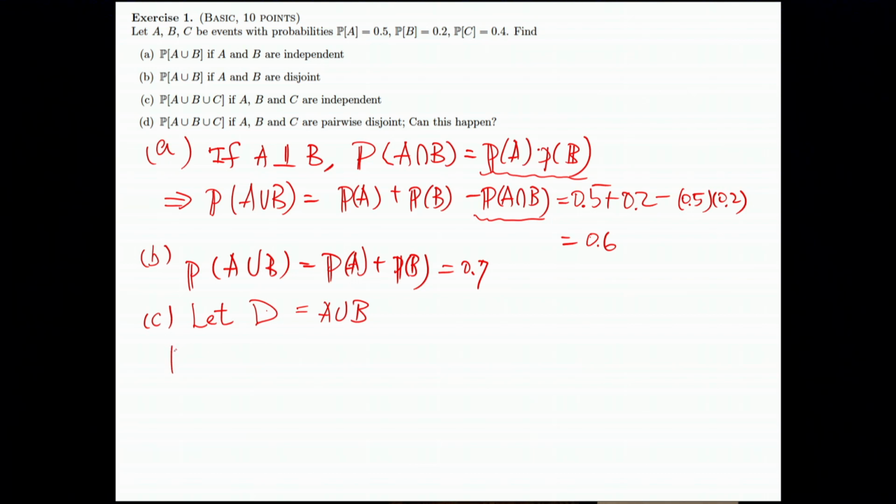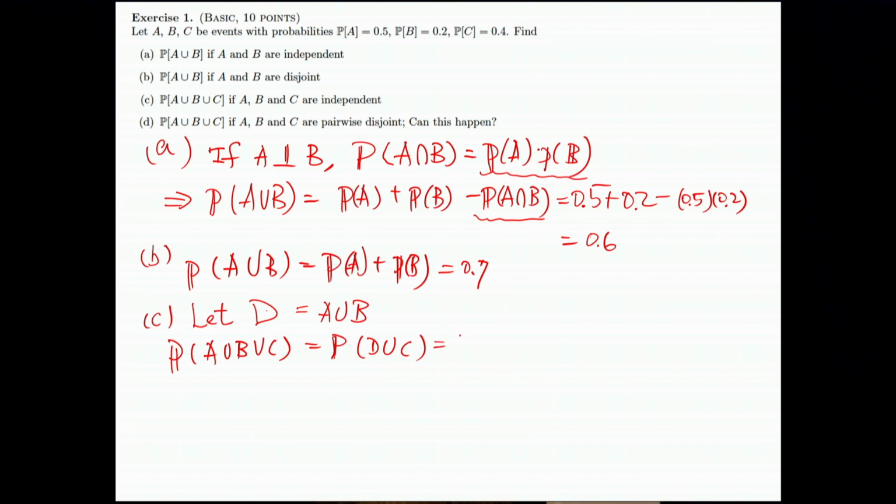Why? Because the probability of A union B union C then equals the probability of D union C. Since they are independent, from part A, the probability of the intersection equals the multiplication of the individual probabilities.